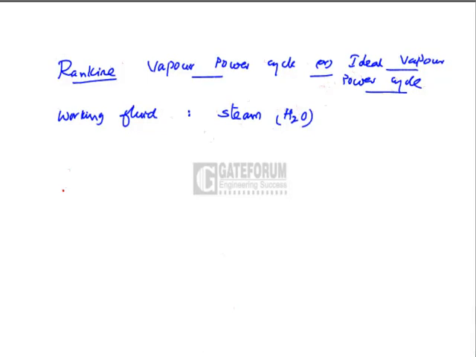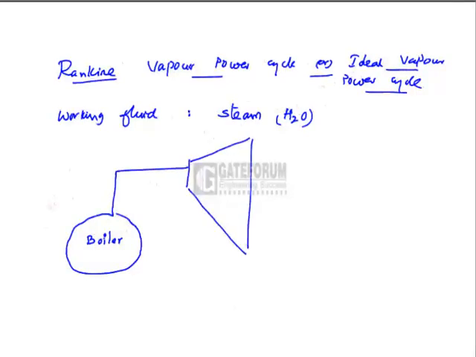So the cycle could be seen on the flow diagram like this. There are basically four components in the cycle, namely boiler, also known as a steam generator, then steam turbine, the very important prime mover in mechanical engineering.